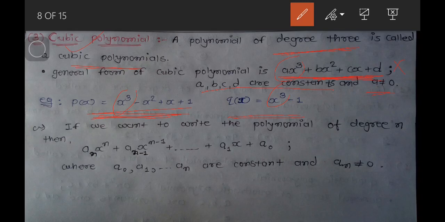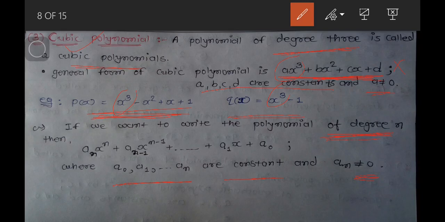Now if we want to describe a polynomial of degree n, then its formula is an x raised to n plus an minus 1 x raised to n minus 1 plus up to plus a1 x plus a0, where a0, a1 up to an are constants, and as we know an is never 0, or an is not equal to 0.